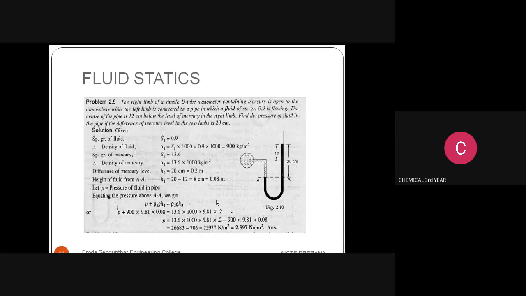So P is equal to, you'll be getting in Newton per meter square, that is 25,977 Newton per meter square. If we convert that into centimeter square, you'll be getting 2.597 Newton per centimeter square. Right. So this is one type of problem related to pressure calculation in the U-tube manometer.